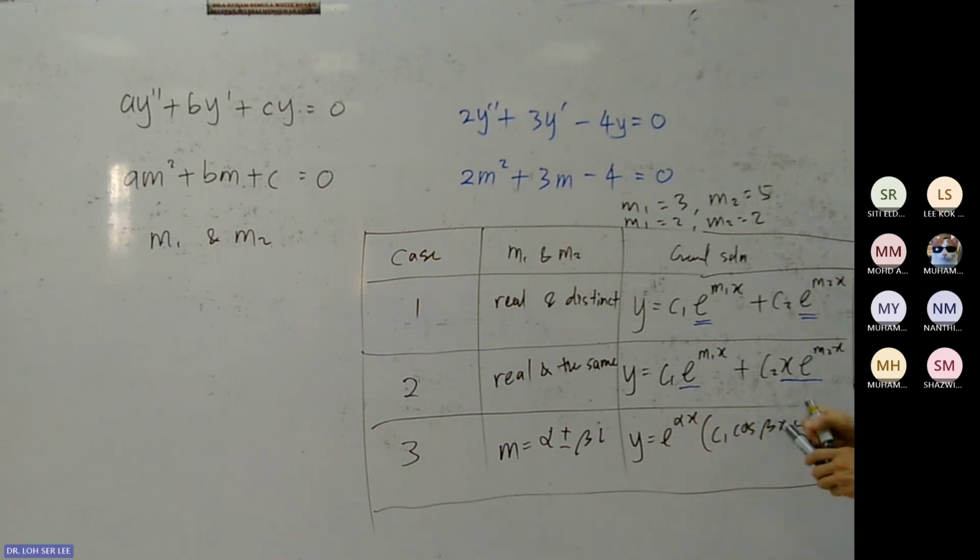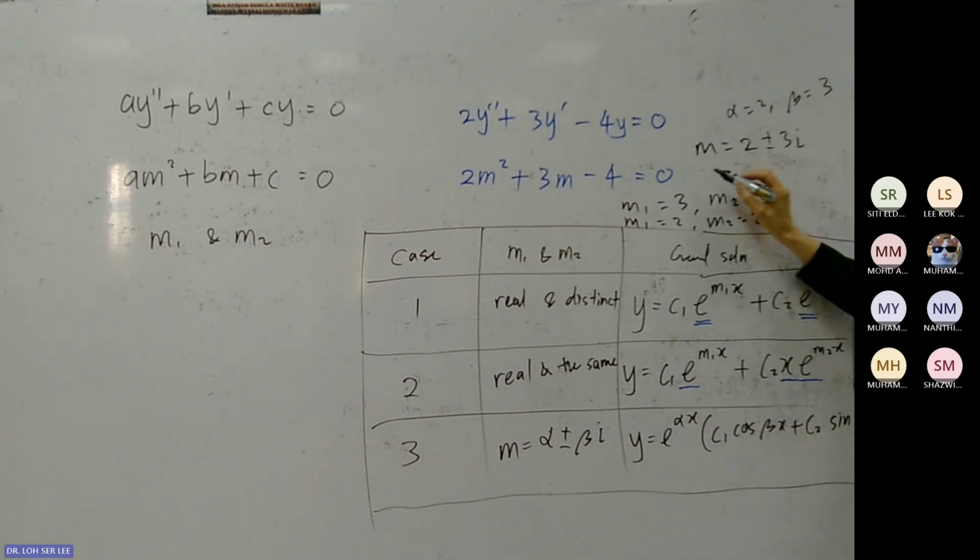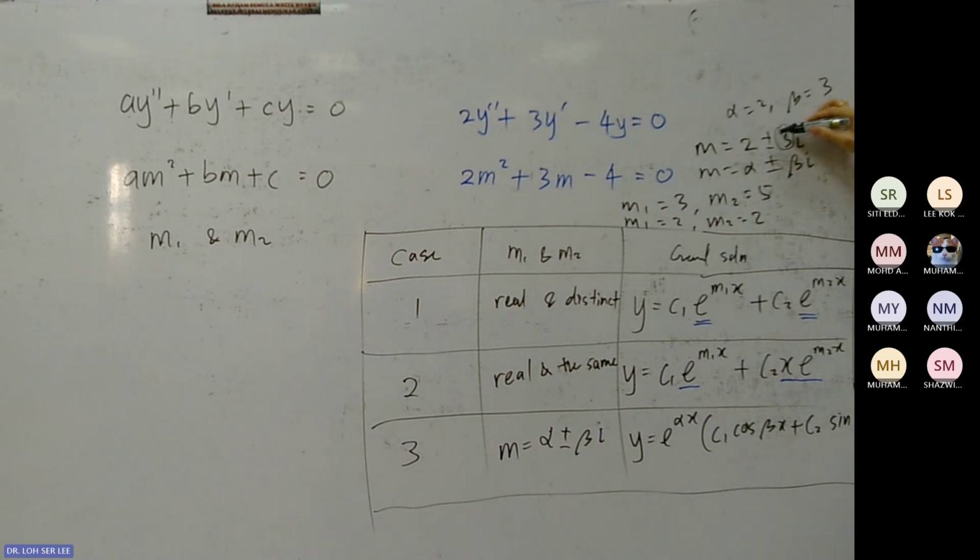For example, let's say your m is 2 plus minus 3i. So your alpha is 2, beta is 3. Your beta will be a positive value, because your m is alpha plus minus beta i. Alpha can be a negative value, but your beta must be a positive value, because we are taking the beta from this 3.